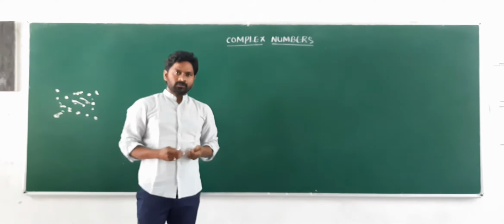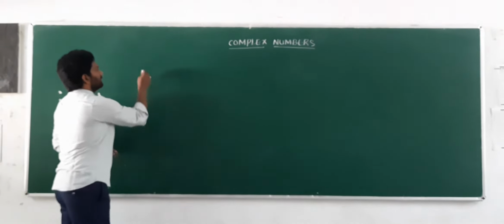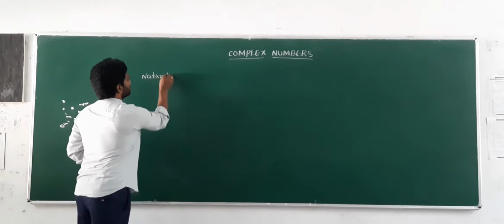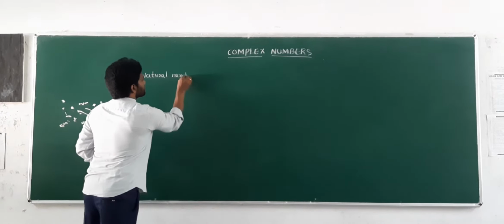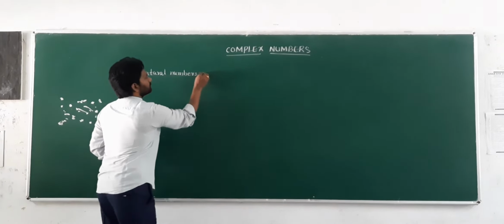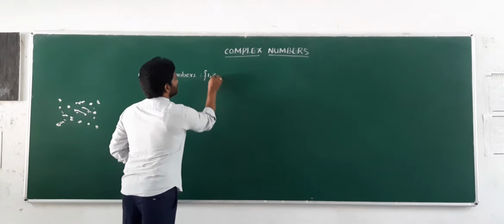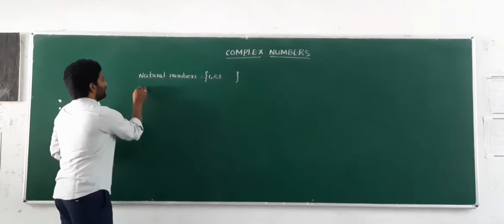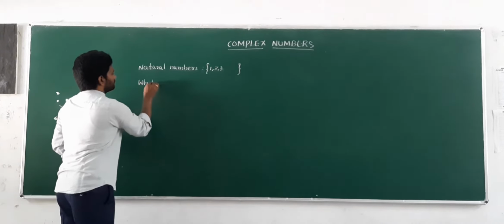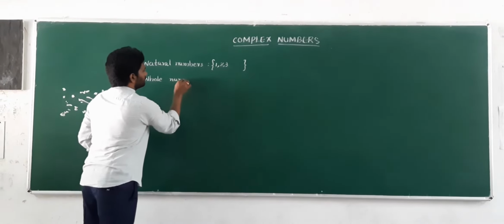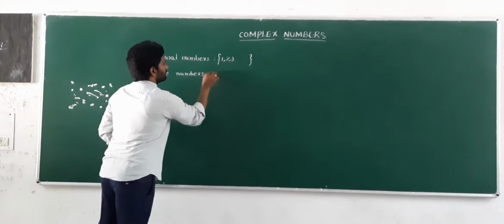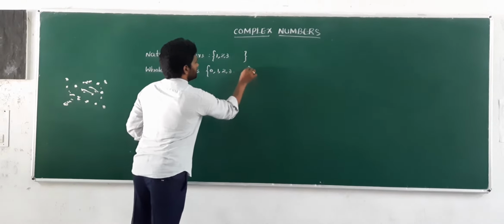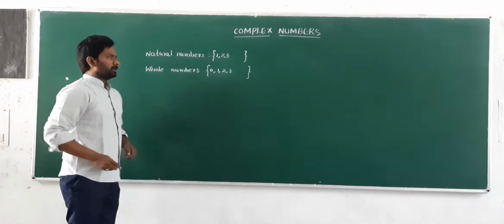But we know numbers like natural numbers, which are 1, 2, 3 and so on. Whole numbers, 0, 1, 2, 3, which include 0 also.